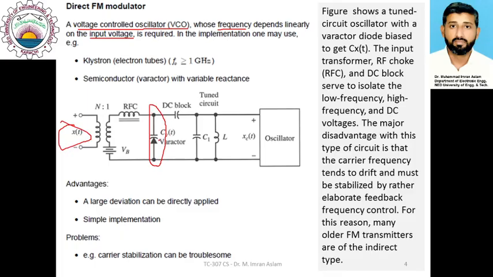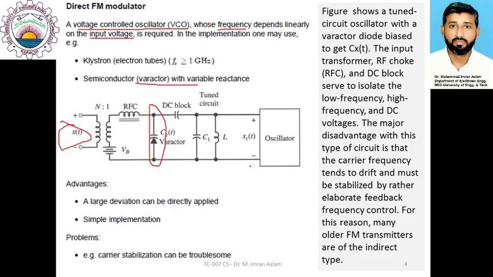Since the capacitance is changing, the oscillator is also changing the frequency which comes out from this oscillator. So by using this varactor diode, which has a variable reactance, we can control the frequency of this oscillator waveform by changing the input voltage.